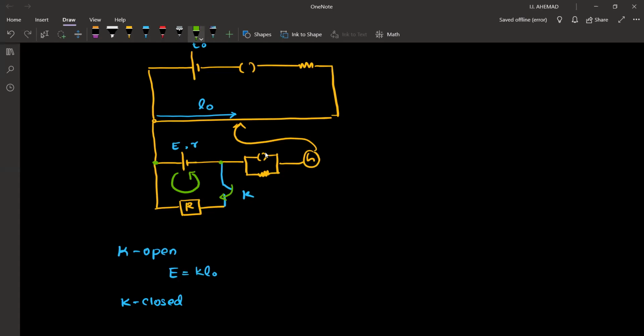Terminal voltage is not anymore equal to the EMF.